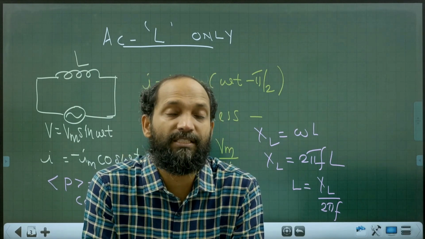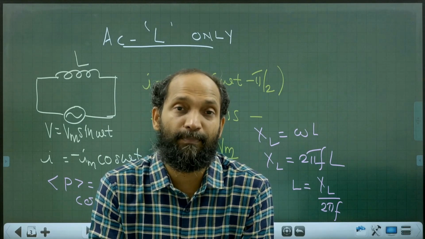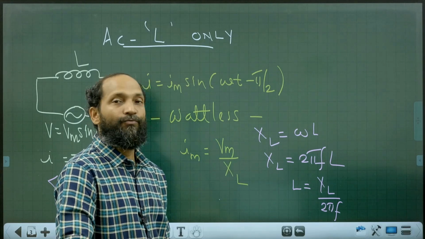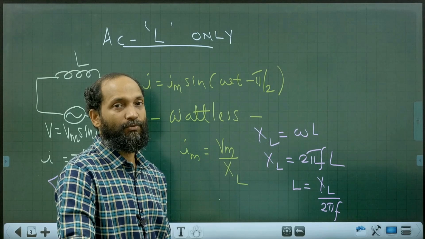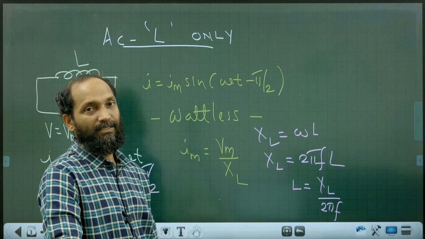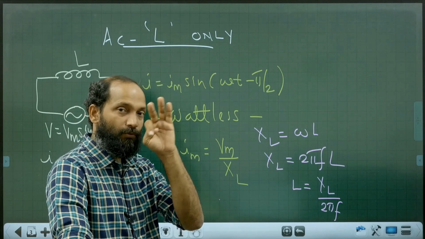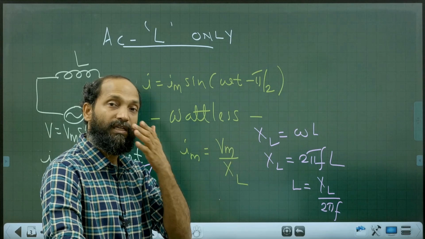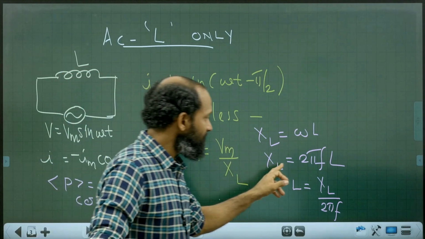Henry means joule per ampere square, Weber per ampere. Flux per ampere, Weber per ampere, and magnetic flux is volt second, so Henry is volt second per ampere. All these are units of inductance. But inductive reactance is different, which is 2 pi f into L.